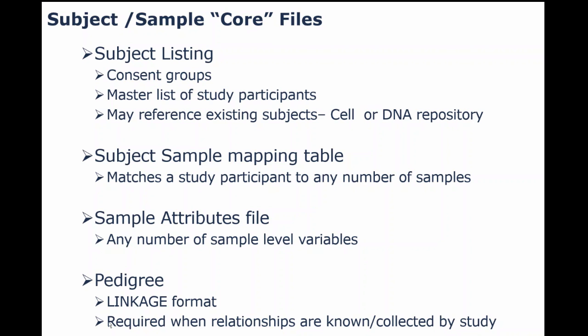This file is a core file, but it's not always required. There are a lot of studies, especially some of the early GWASs, where none of the subjects in the study are related. So this is only required when there are known relationships collected by the study.